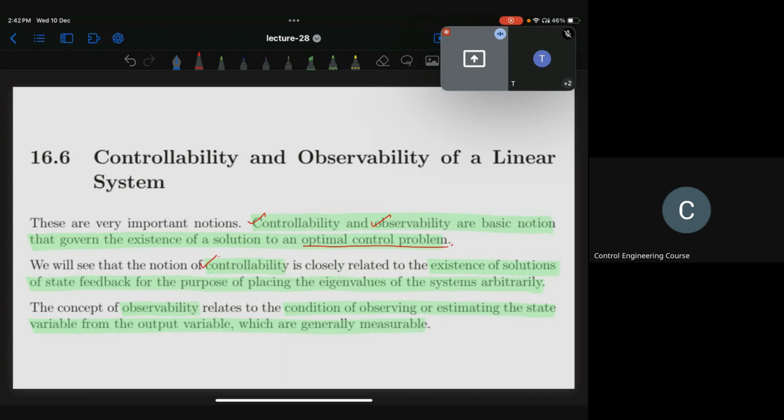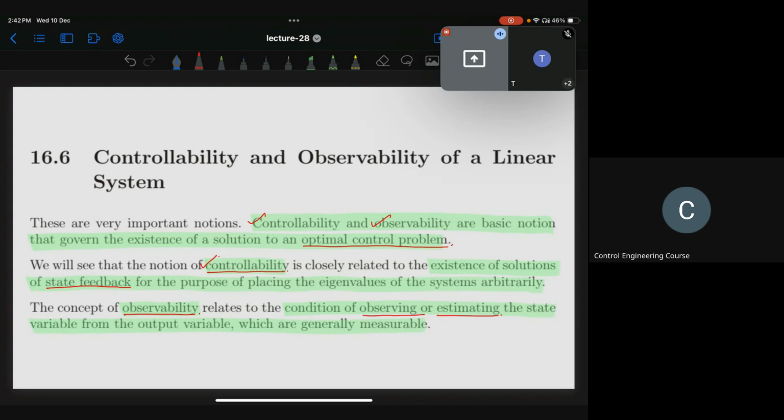Suppose you wanted to place the poles at a particular place, the first notion you need is controllability. In state feedback, we directly take the states and use them for finding the control input. Whereas in some practical systems the states may not be available, so we need to either observe or estimate the states.